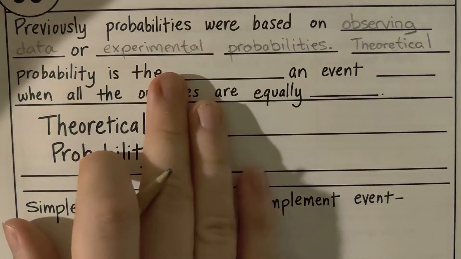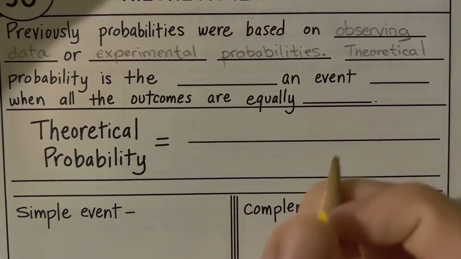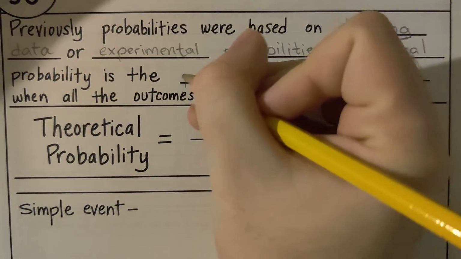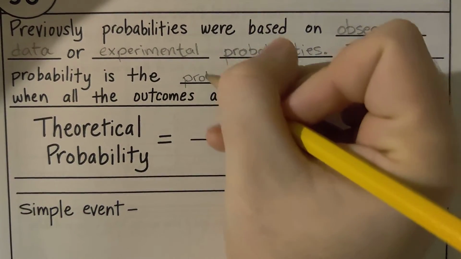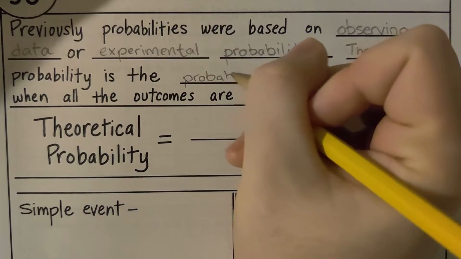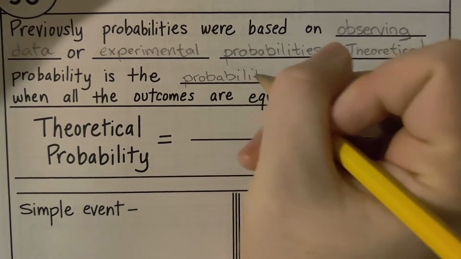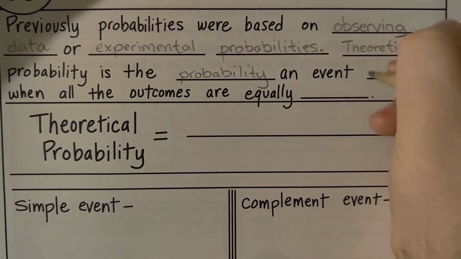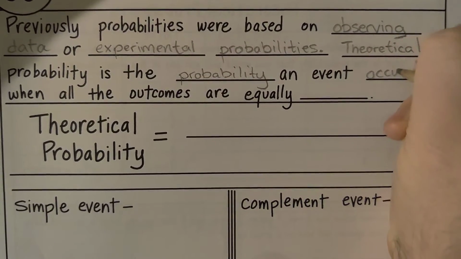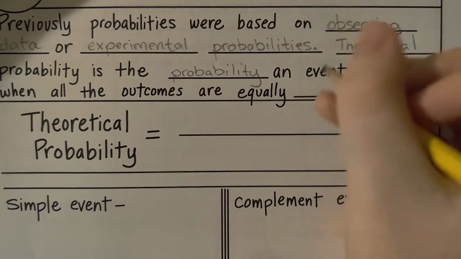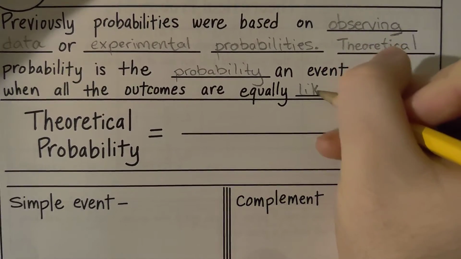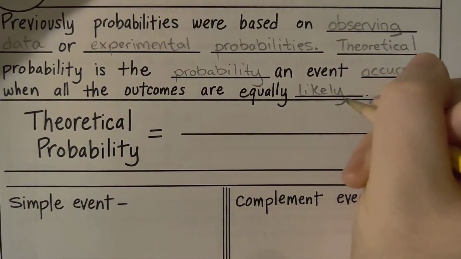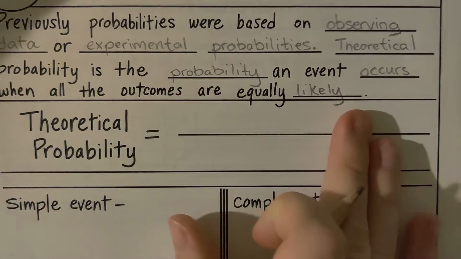So theoretical probability is different, right? This is the probability an event occurs when all the outcomes are equally likely. Now, all outcomes are equally likely.